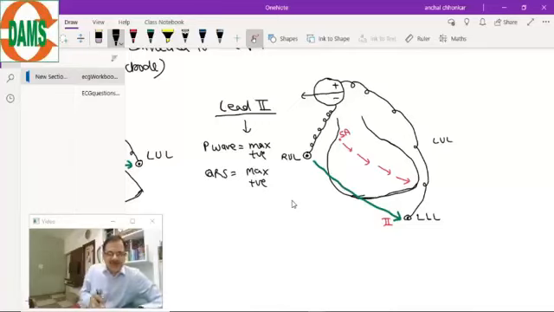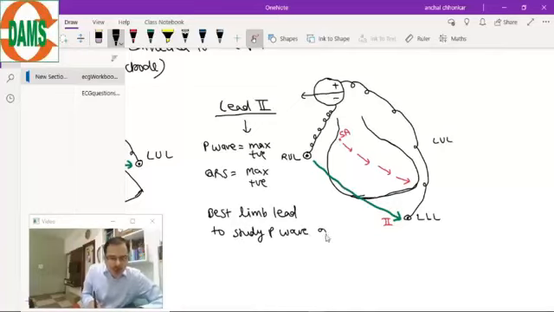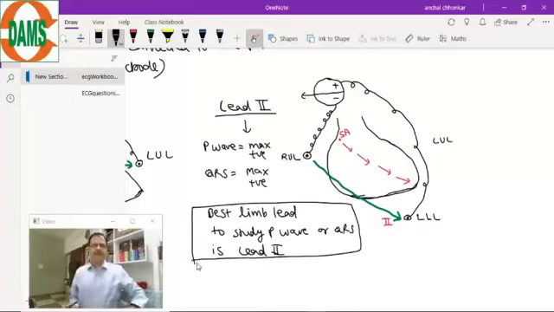Therefore, the best limb lead to study the P wave, the rhythm of the heart, or the QRS complex is lead 2.